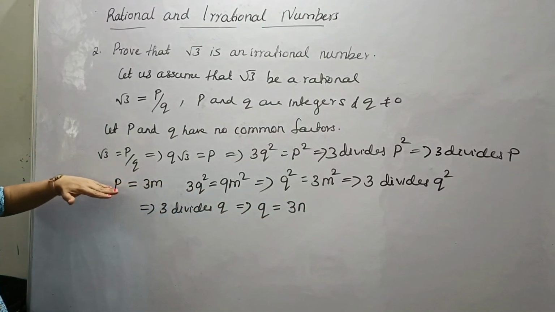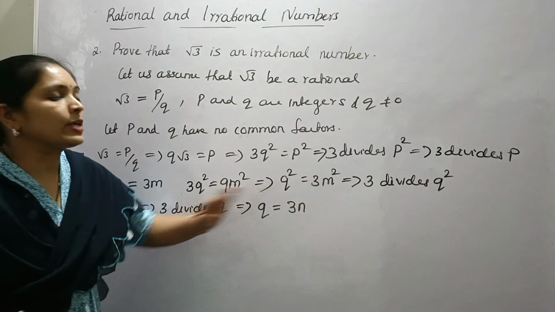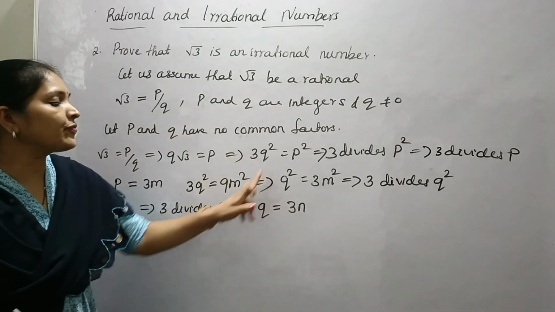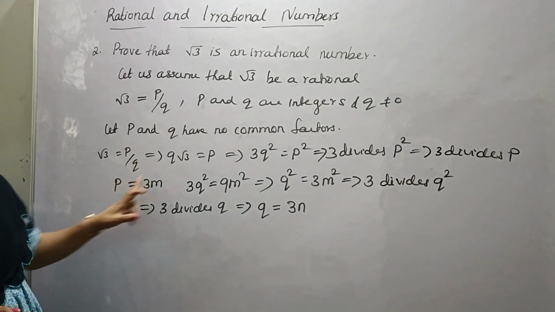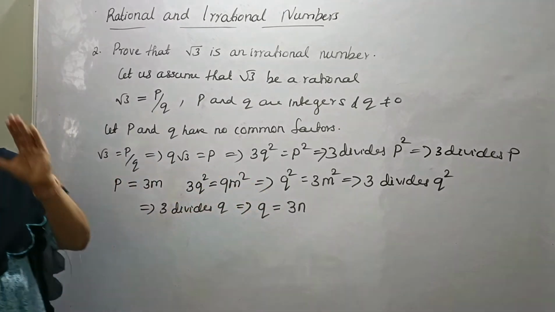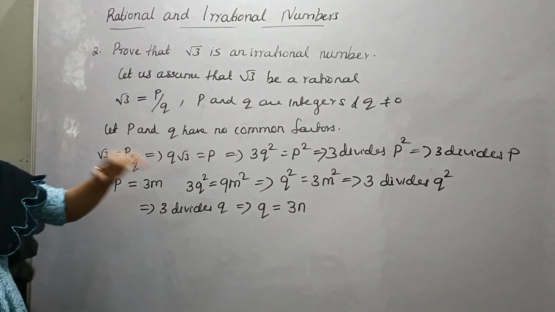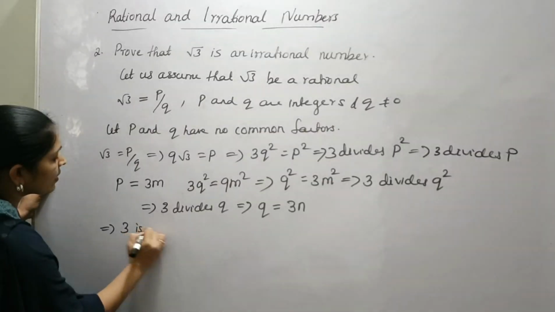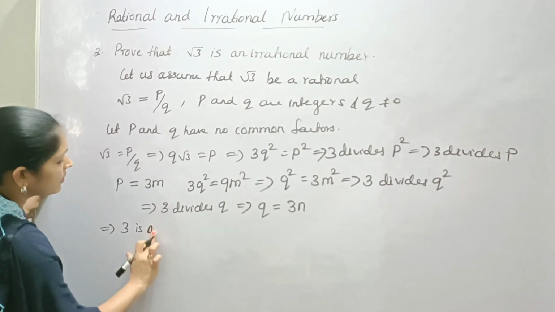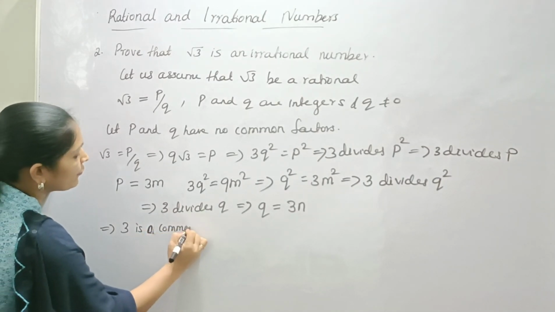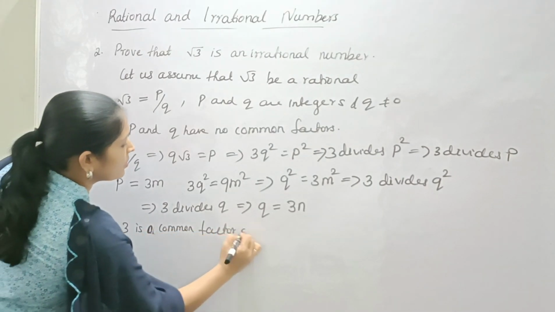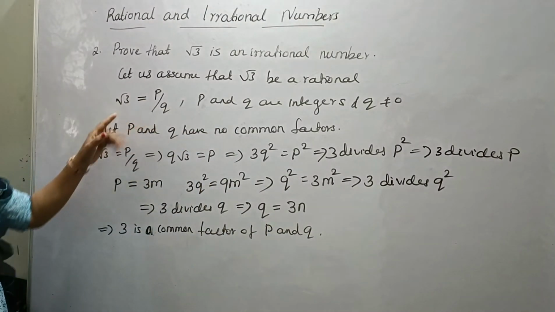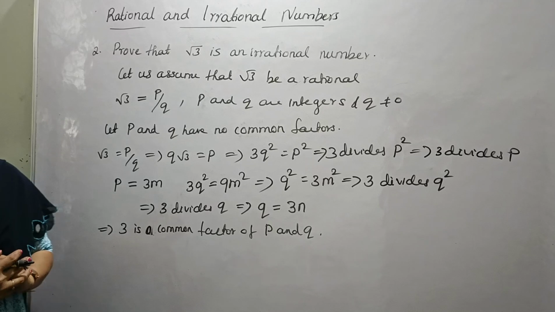Now here we have got p is equal to 3m and q is equal to 3n. That means 3 is a factor of p and 3 is a factor of q. That is, 3 is a common factor of p and q, right? But we have taken p and q to have no common factors.